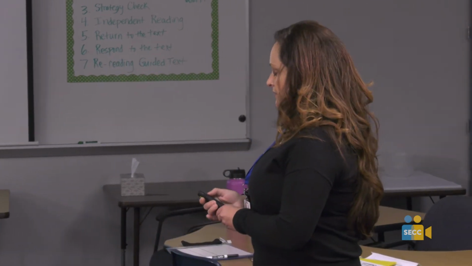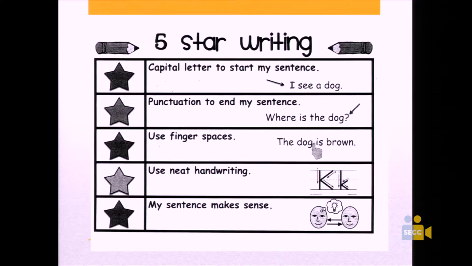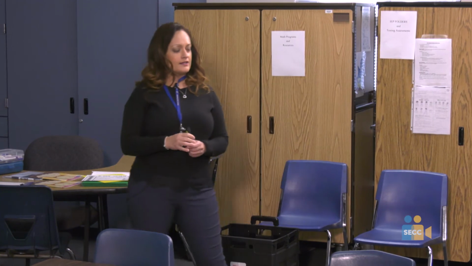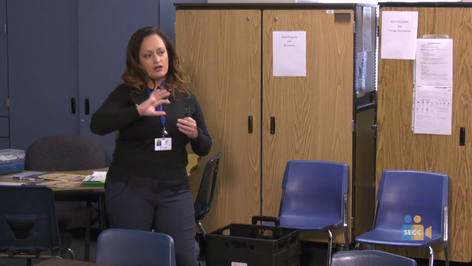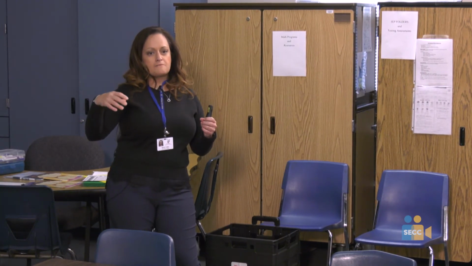So the first one on here, it's capital letter to start my sentence. So we want to make sure that we remind our children when they're writing to start with the capital letter. Okay, it's always a big letter to start, and everything else is lowercase. When they're starting to write, a lot of times they use uppercase letters in all of their words.